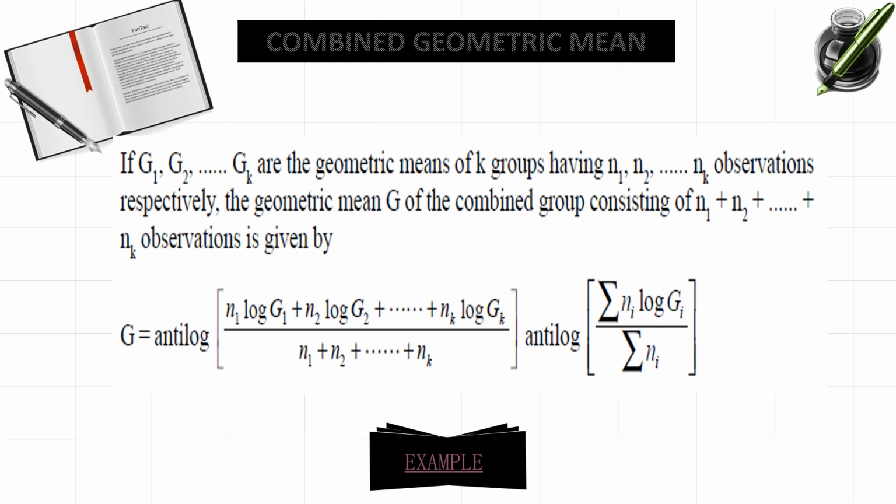Divide it by n1 plus n2 plus and so on plus nk, that is, how many observations in each group. The total we are supposed to find out. Find the ratio and apply anti-logarithm to that value, which gives you the combined geometric mean.